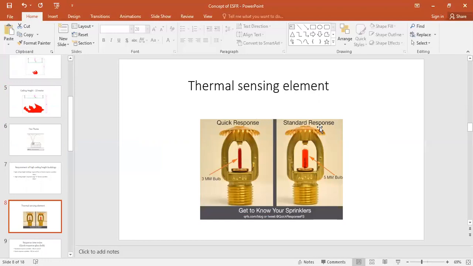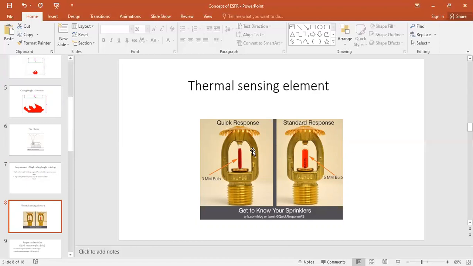This is the standard response sprinkler, and this is the fast or quick response sprinkler. This is the thermal sensing element of the sprinklers. Here it contains a 5 mm diameter bulb. Here it contains a 3 mm diameter bulb.